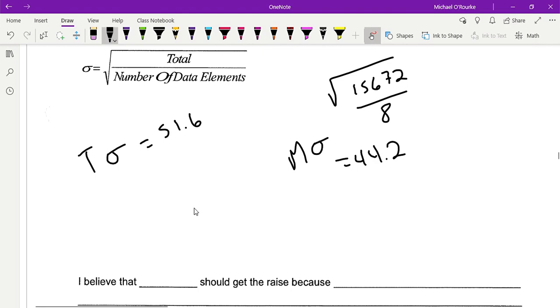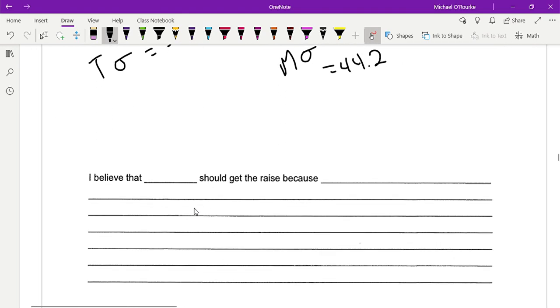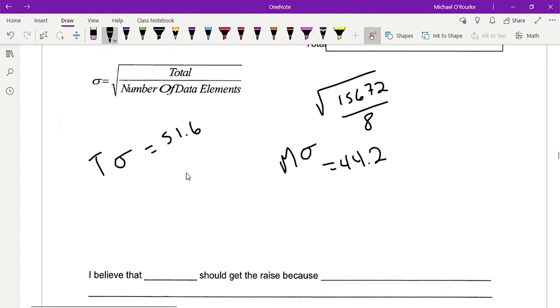All right, so who's the more consistent? Looking at standard deviation. Moby. Moby's got the lower standard deviation. Yeah, lower. That means like standardly he's like 44 on either side most of the time. Okay? So we're either 44 this way or 44 that way instead of 52 and 52, which is much wider.